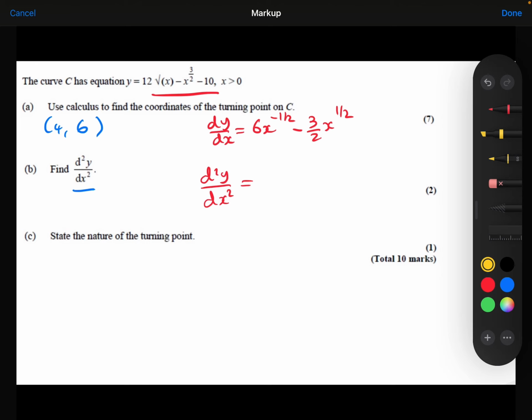So let's do it. Let's take that minus 1/2. We're going to multiply by minus a half. 6 times minus 1/2 is minus 3. We'll take 1 away from that power. So minus 1/2 take away 1 is minus 3 over 2.